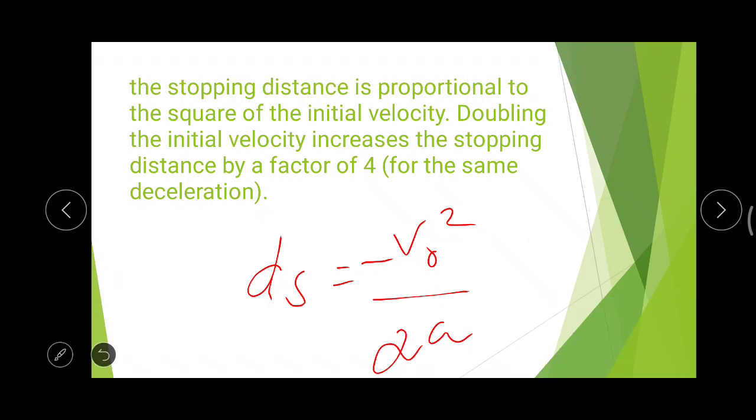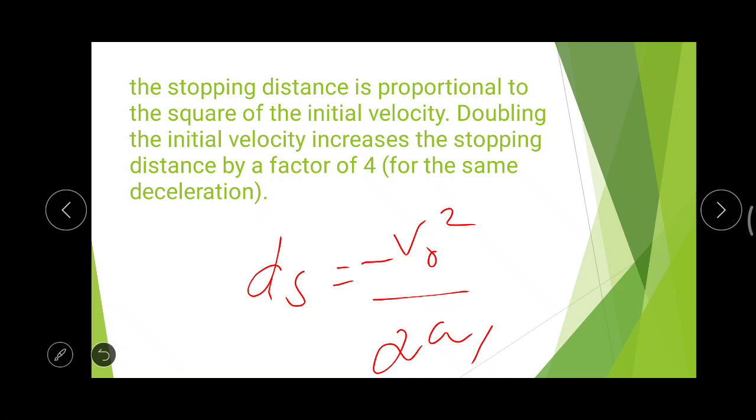Suppose the acceleration is constant, and if in the initial case you apply the brake at 40 meter per second, and in the second case you apply the brake at 80 meter per second, that is, compared to the first case you have doubled the velocity. Okay, so that is 2v0.